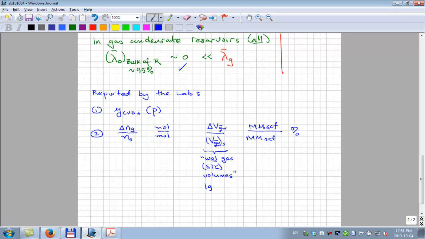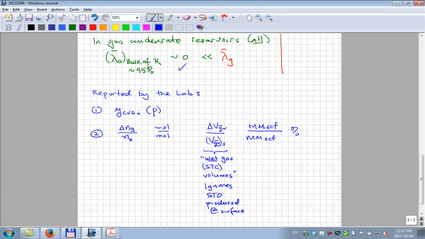So this ignores stock tank oil produced at the surface. That's kind of stupid when you get so much more money from it. But for the laboratory, that kind of volume is the same as a mole. It's just the 23.68 conversion between the two.